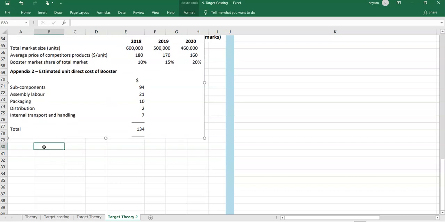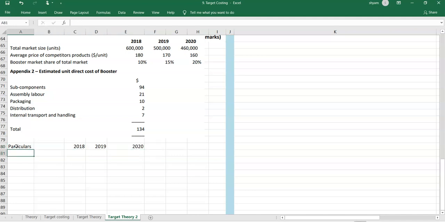So we'll start with particulars. Then we'll get data for 2018, 2019, 2020.